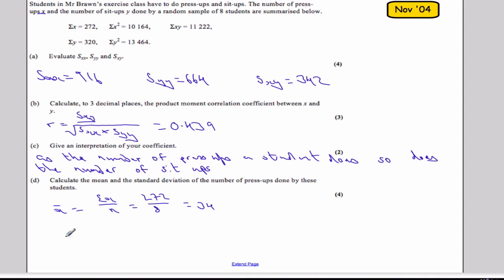And the standard deviation, let's just write down the variance first. Remember, the variance is the mean of the squares, sum of x squared over n, minus the square of the mean, sum of x over n all squared.